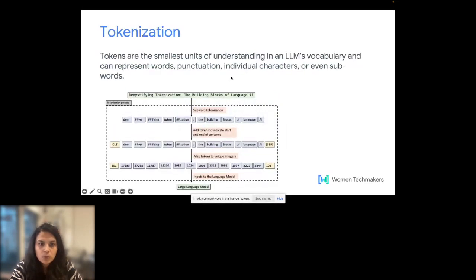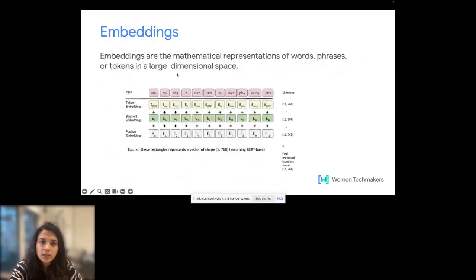Then we spoke about tokenization. So tokenization is basically taking the input and converting that input into the vector. Tokens can be words, punctuations, individual characters, or subwords. And then we spoke about embeddings.